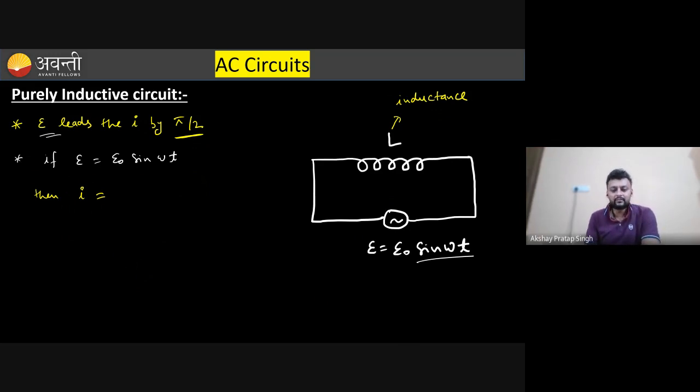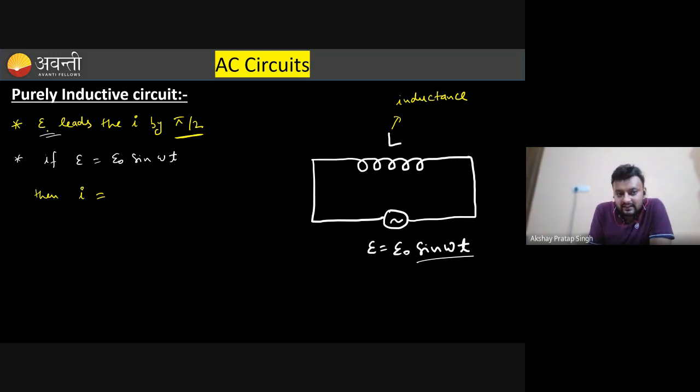Can anyone write omega t minus pi by 2? Okay. Akhil is saying omega t minus pi by 2. Very good. You guys are very good.